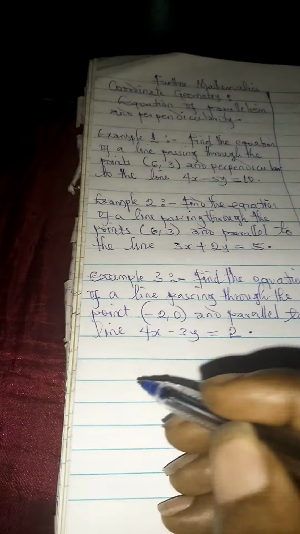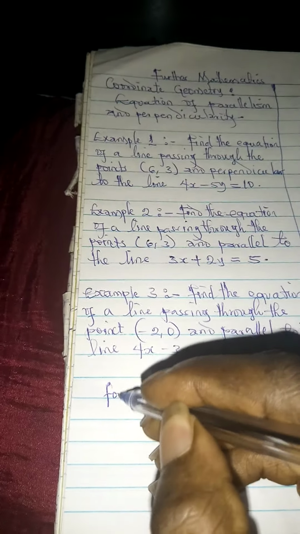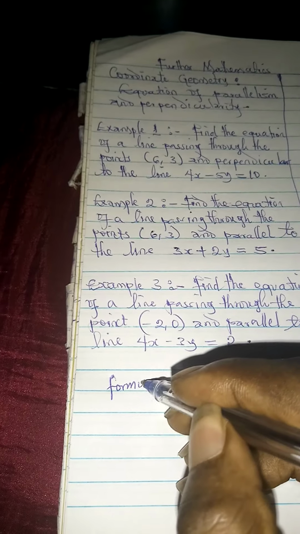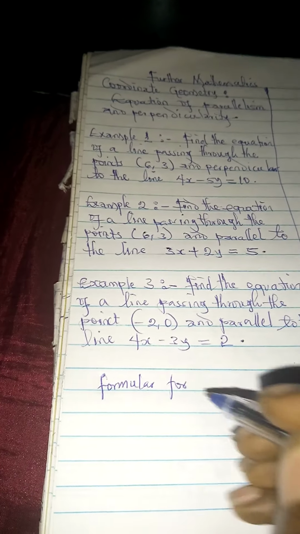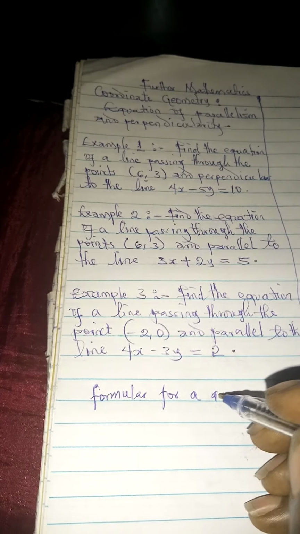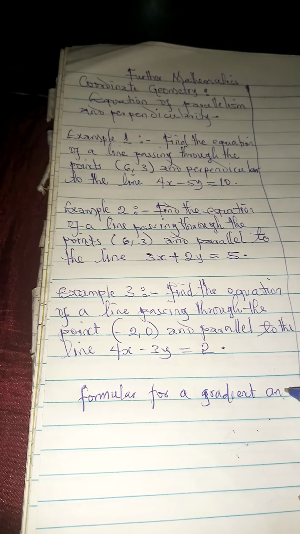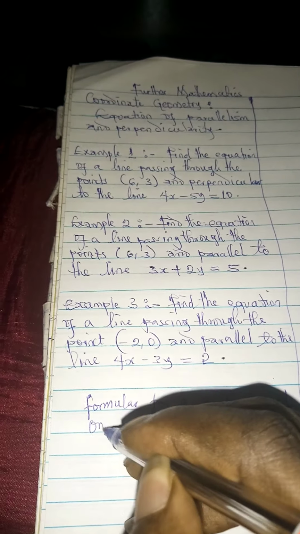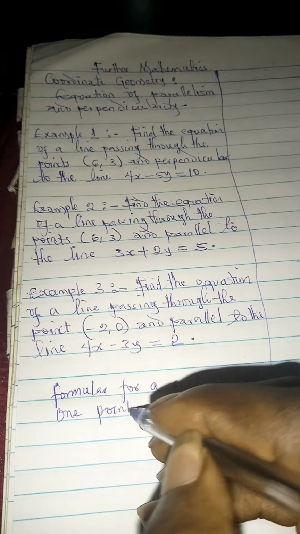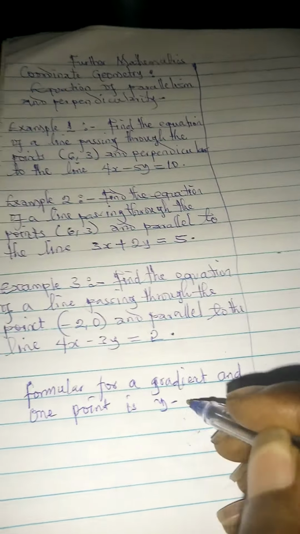So if you can still recall the formula for a gradient and 1 point, it is y minus y1 equals m into bracket x minus x1.